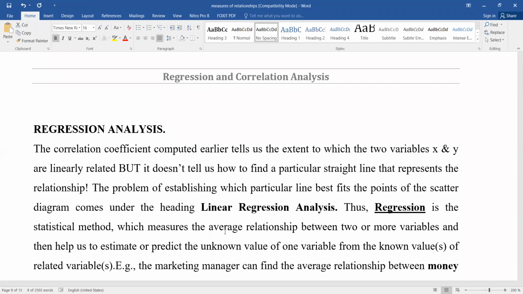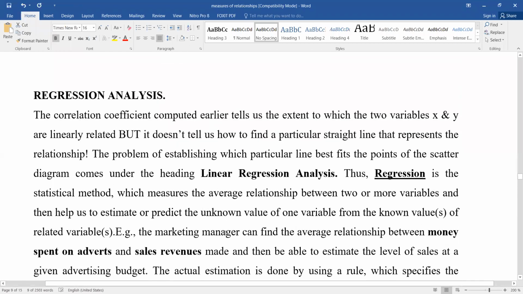E.g., the marketing manager can find the average relationship between money spent on adverts and sales revenue made, and then be able to estimate the level of sales at a given advertising budget.